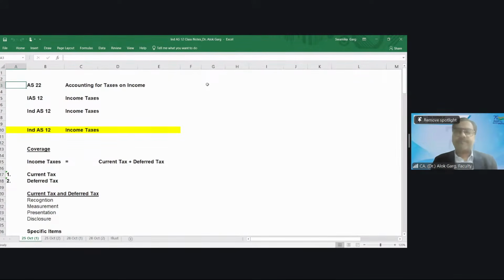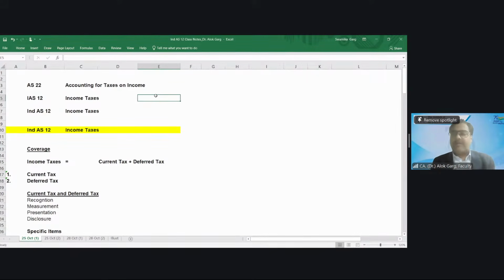Yes. So friends, in India, I hope my Excel file is visible to all of you. In India, our old accounting standard was AS 22. AS 22 talks about accounting for taxes on income. Then globally, it is IAS 12, International Accounting Standard 12.